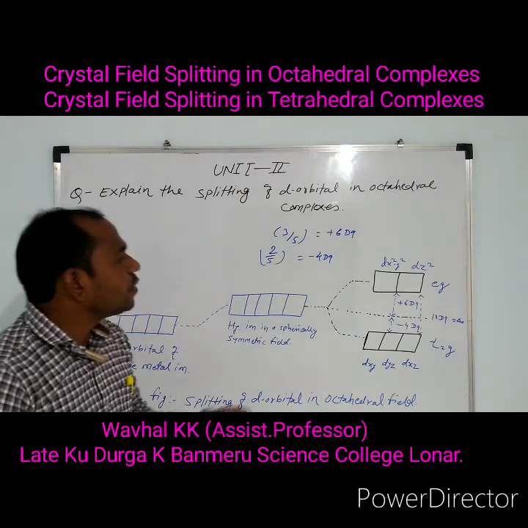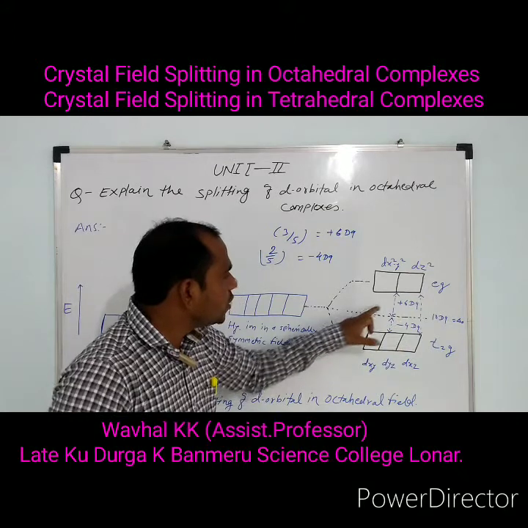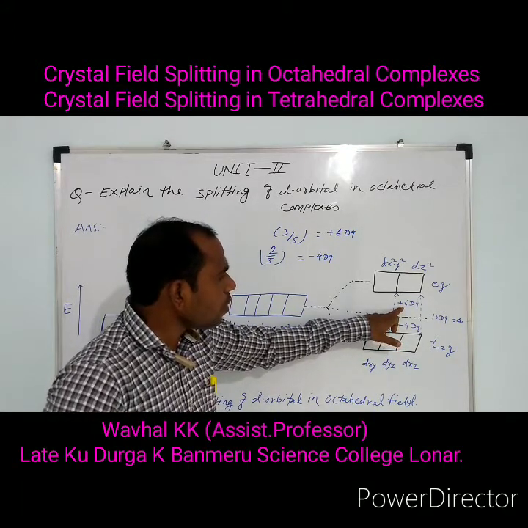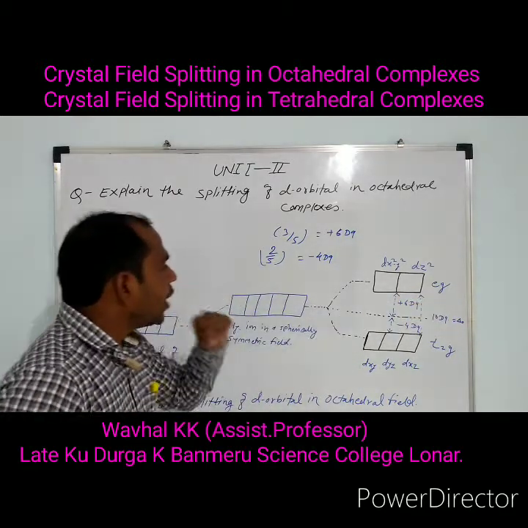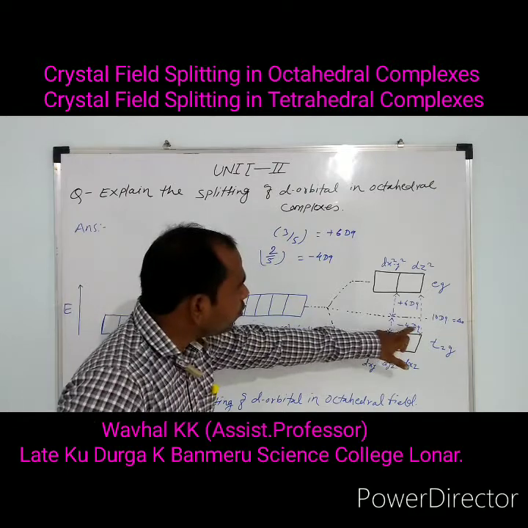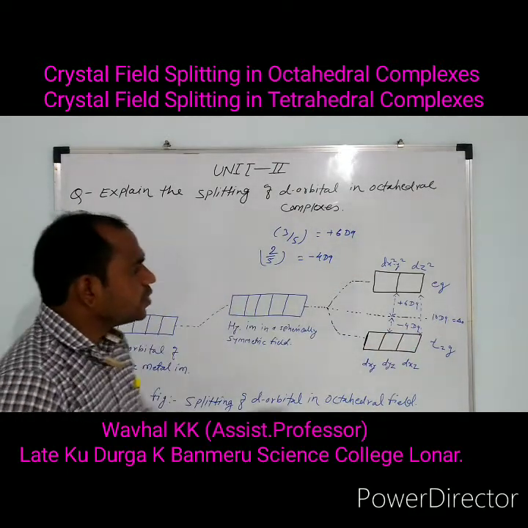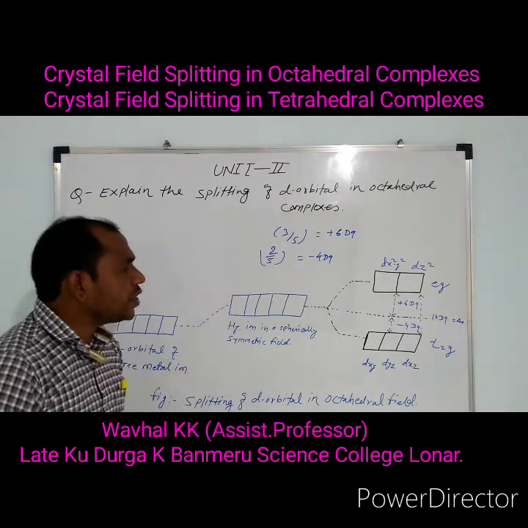From the barycenter, +6 Dq energy is added to the Eg orbital and -4 Dq energy is subtracted from the T2g orbital. This is called the crystal field splitting energy.